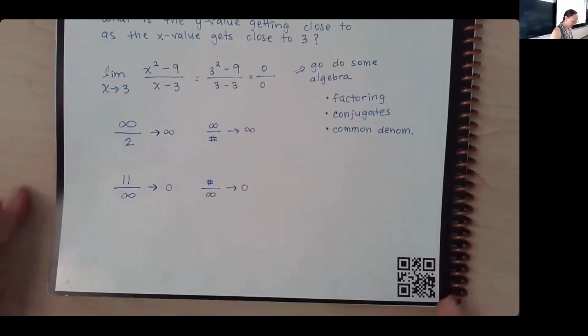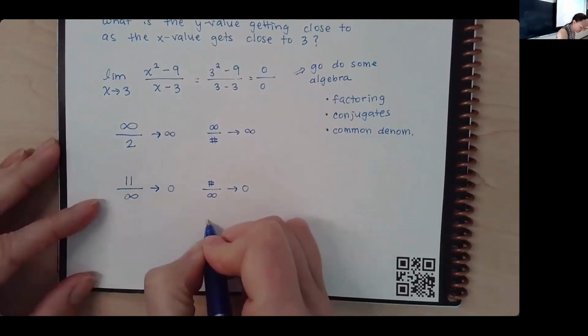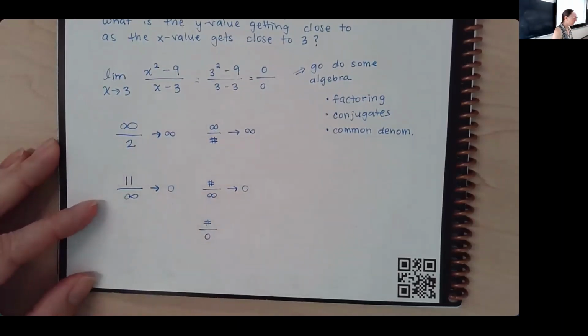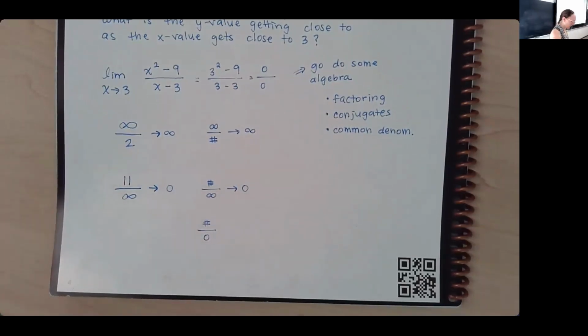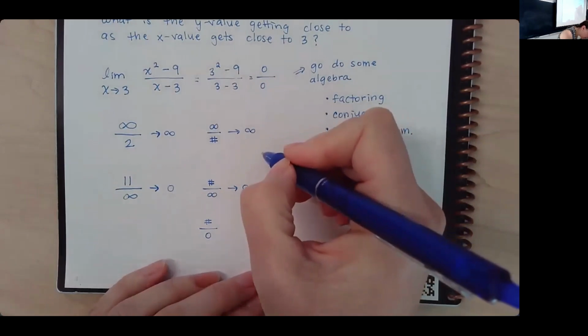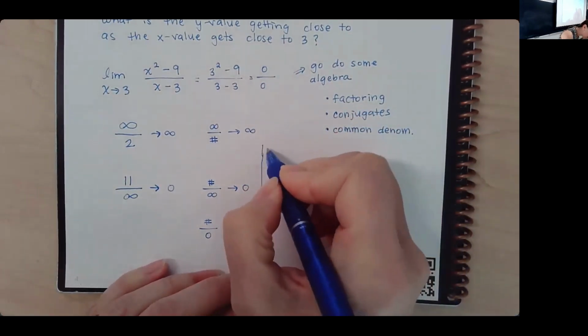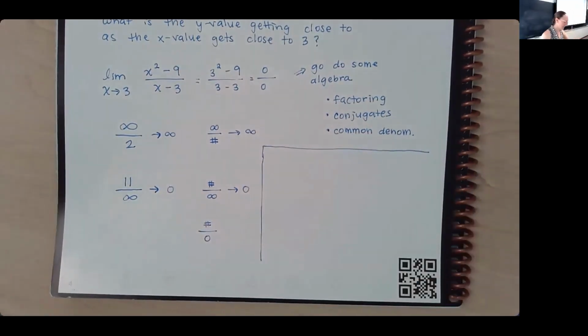But here's the weird one. What if I have a number divided by 0? This one is weird. And I think doing an example and making this a little bit more concrete might be helpful. Does anyone have a favorite number? 7, sweet.